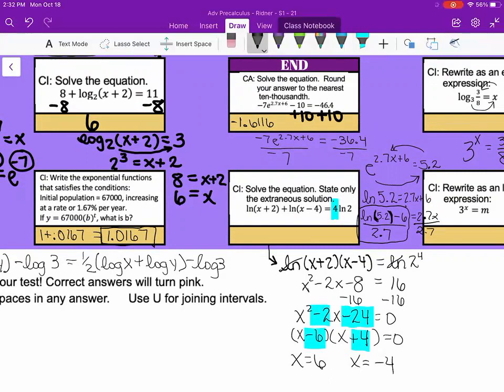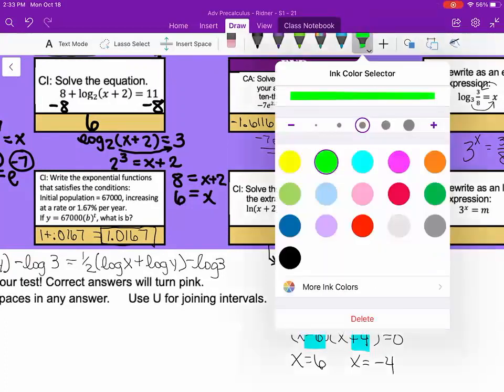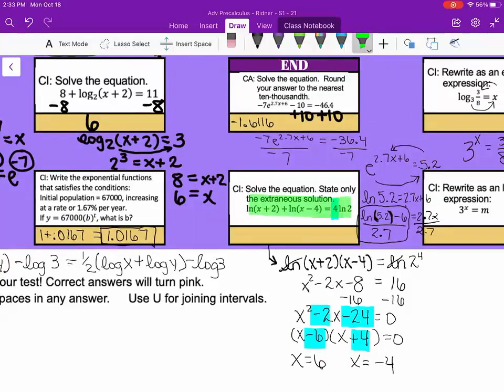It says to only state the extraneous solution. The extraneous solution is the one that makes me find ln of a negative number, because I can never find ln of a negative number. So if I plug this back into the very original equation here, if I plug in 6, I get 6 plus 2, 8. ln of 8 is fine.